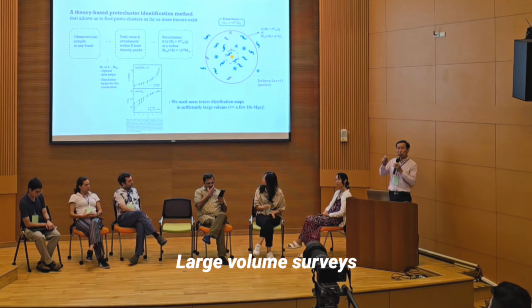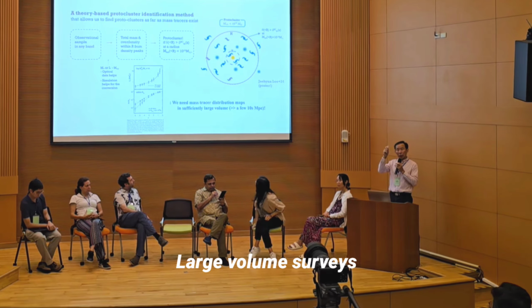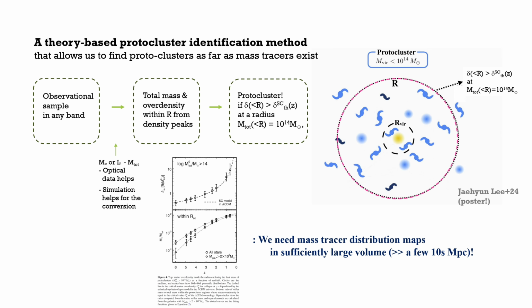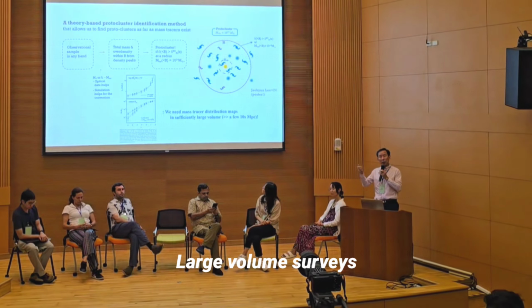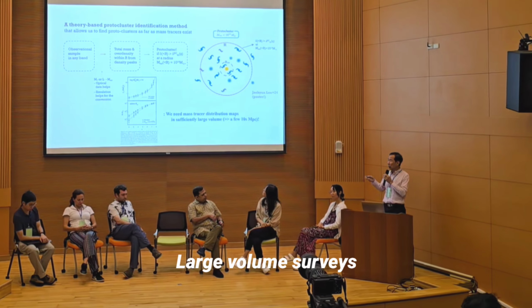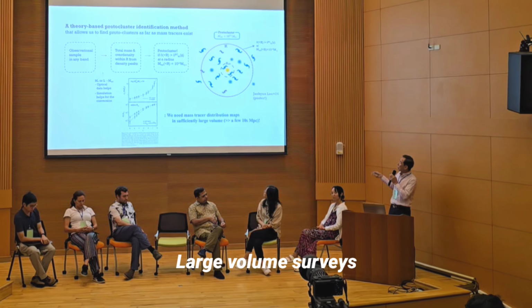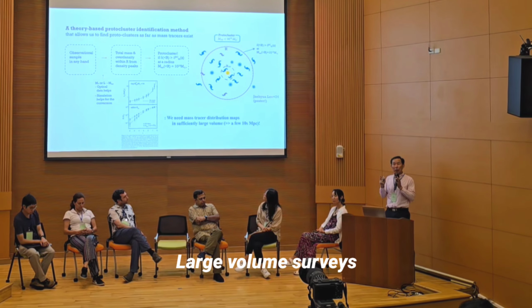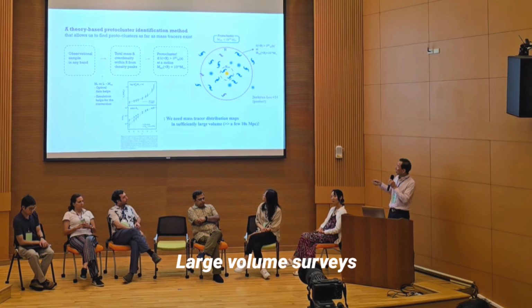So I first identify some concentration of galaxies and then go out to some distance. If I have some way to convert galaxy luminosity to stellar mass and then stellar mass to total mass, then I can calculate the mean density of total mass enclosed within that radius.